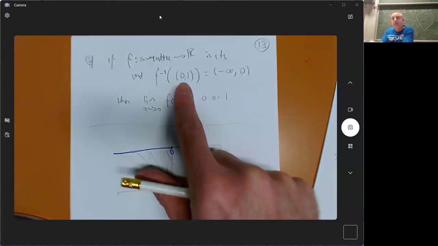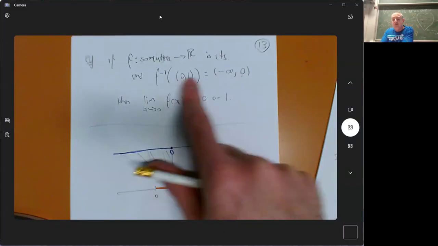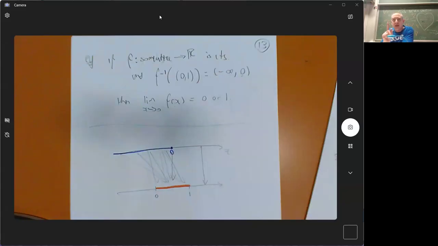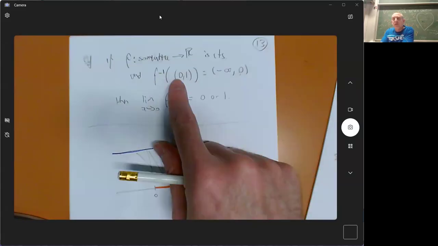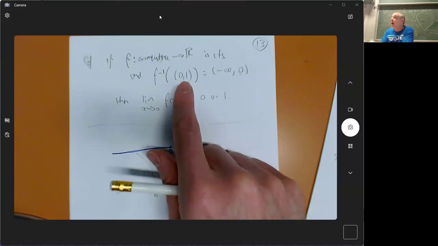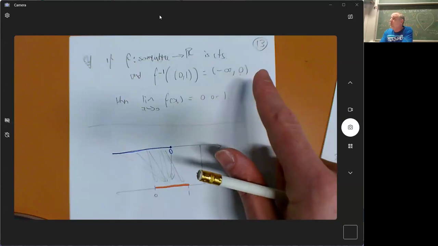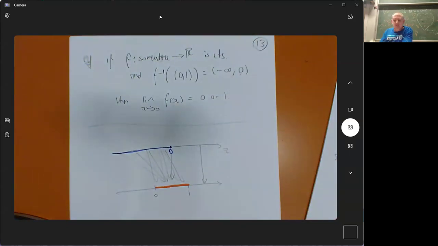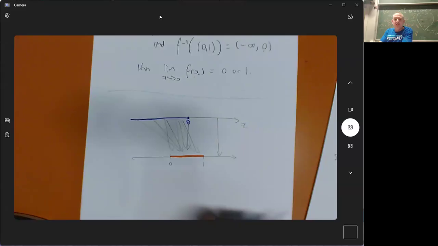But if only one of these numbers had an answer, you would still get all of the things that produced that answer. So it's not to say that the function produces every one of these numbers, because it might only produce the number a half and you would still get a pre-image. Okay, just checking. So this is not necessarily the range, it may be just the codomain. Okay, cool, just checking.